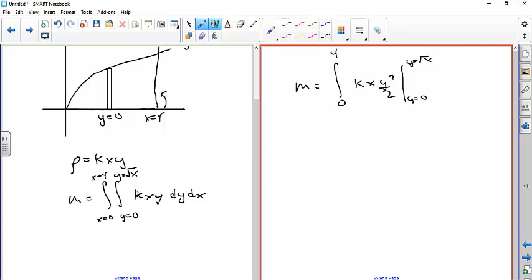So we treat k and x as a constant. The integral of y dy is y squared over 2. We evaluate that, and we have a little dx out front.